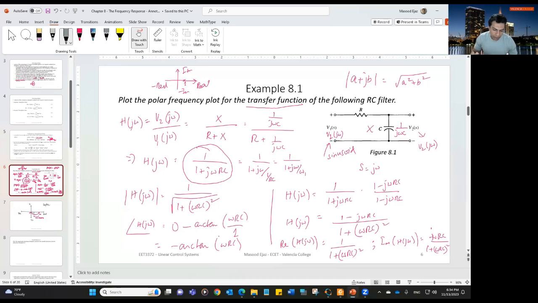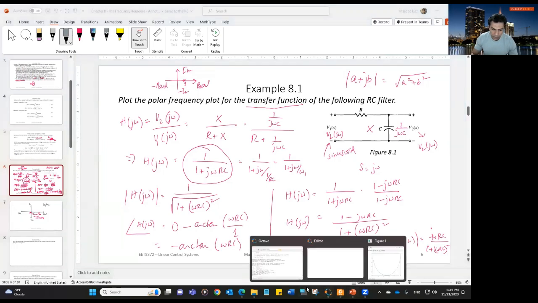And you calculate the magnitude. Magnitude can be either whatever value it is, or it can be in decibels if you do 20 log 10. And the phase is always going to be phase, and most of the time phase is in degrees instead of radians. So that's the second type of plot, that you plot the magnitude and the phase versus frequency.